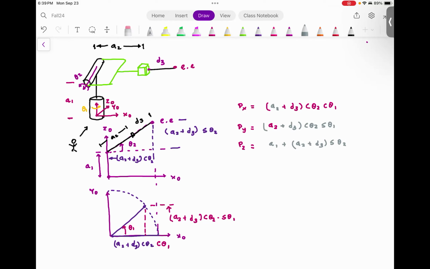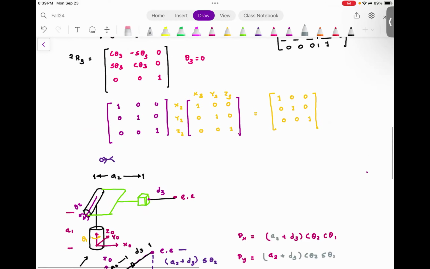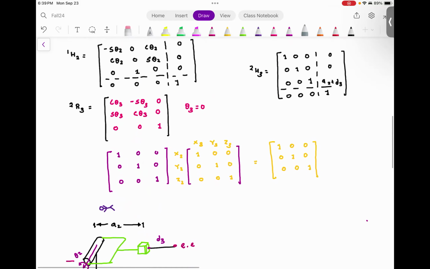Let me tell you, if you follow the process that we have followed here, and I would encourage you to try that, if you say 0h3, 0h1, 1h2, 2h3, you are gonna get a big matrix, and you would see here you are gonna get Px, Py, Pz, and you are gonna get 1 here, 0, 0, 0 here.